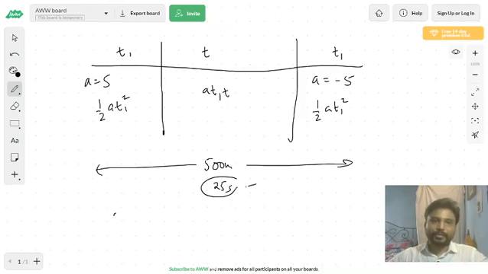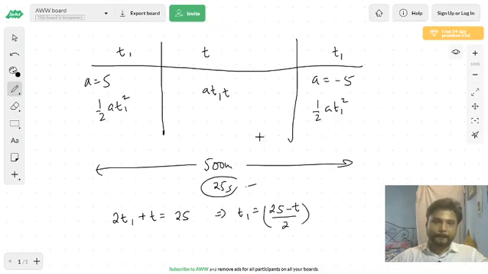That means 2t1 plus t is 25. So this implies that t1 is (25 minus t) upon 2, and we substitute the value of t1 in the respective equation to get the net displacement.